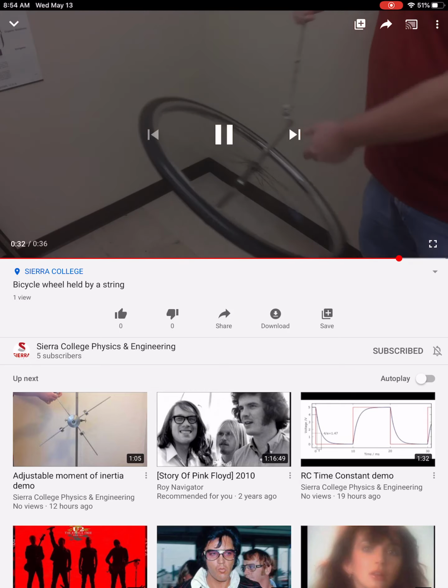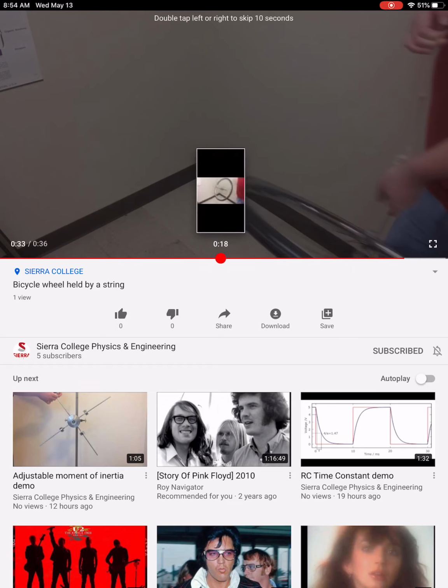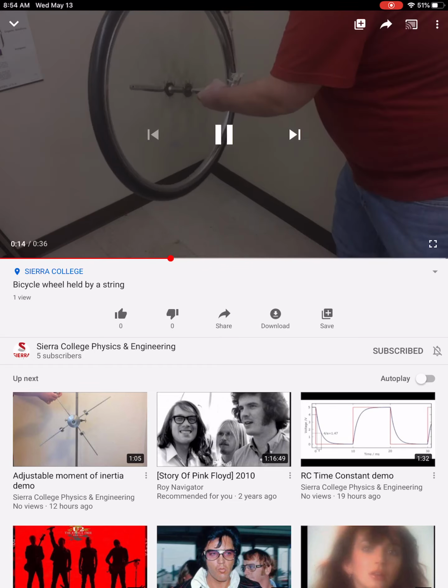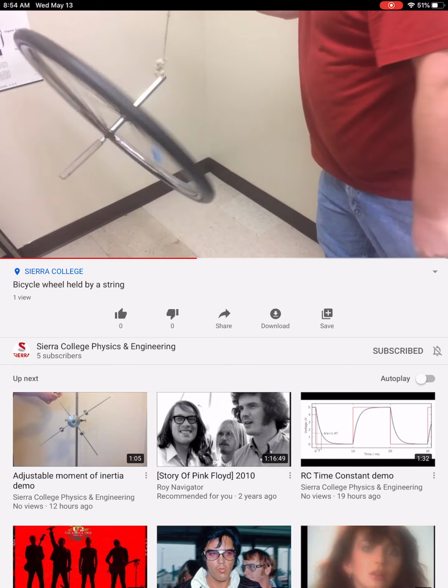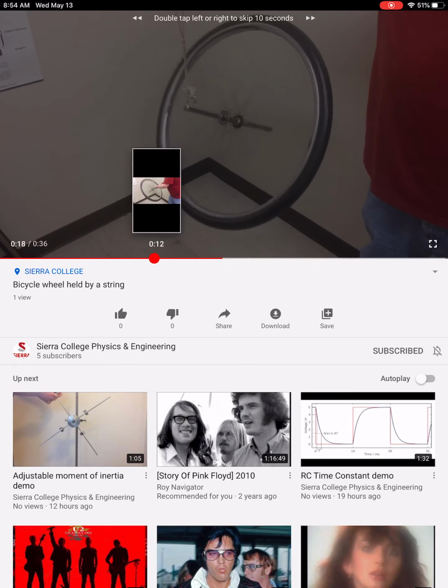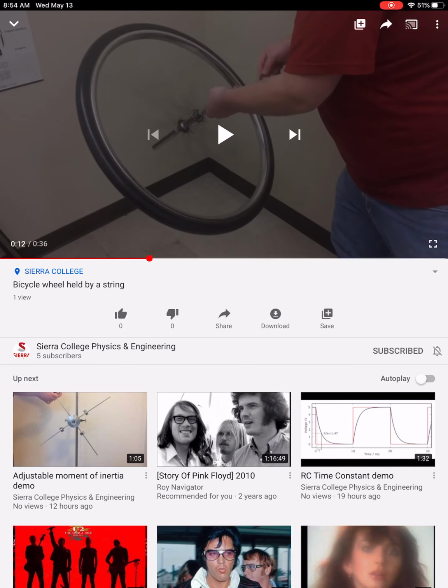So I think it's cool because we can kind of go back and look. So as he's spinning it, you see it's spinning around. In this point of view, looking down at it, it looks like it's spinning counterclockwise.